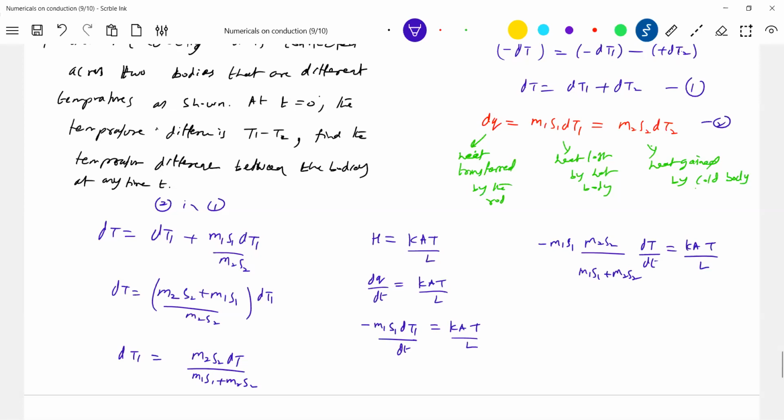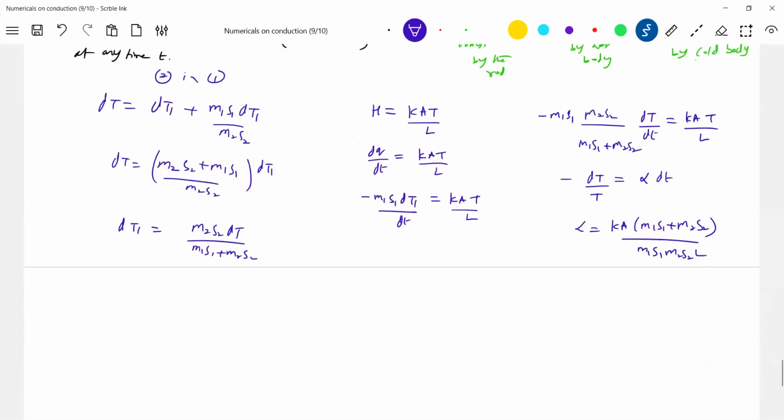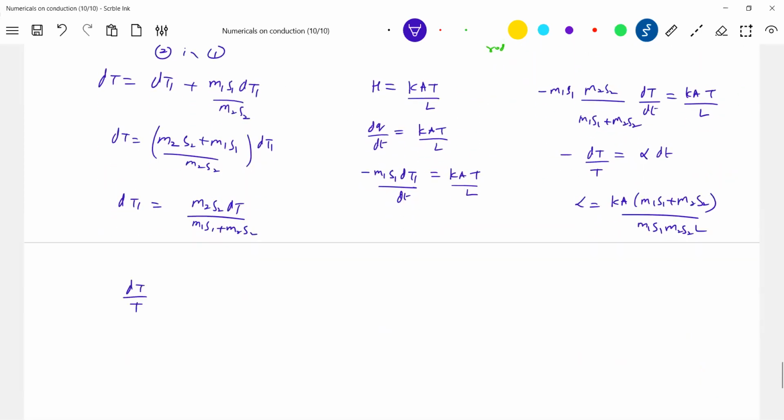Let me write all this as some alpha. dT by T is equal to alpha dt. What is alpha? KA, then everything is alpha. Okay, let me integrate now. What is T? Already I defined it. Let's get into this one.